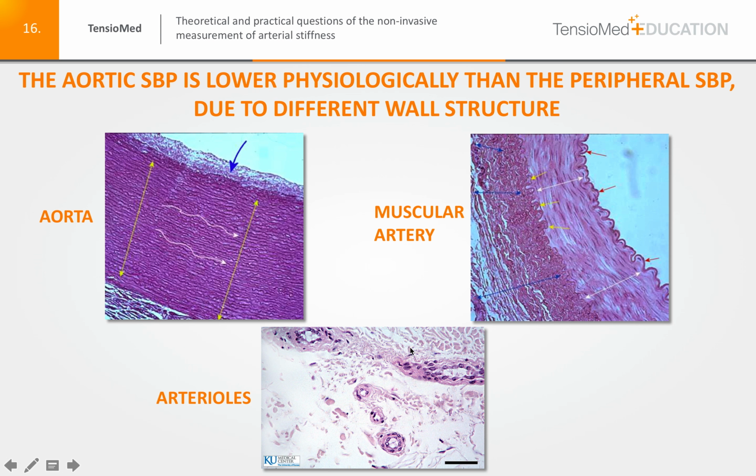What about the arterioles? The lumen to smooth muscle ratio is the lowest at the arteriolar level. These are the smallest arteries which still contain a muscle layer.